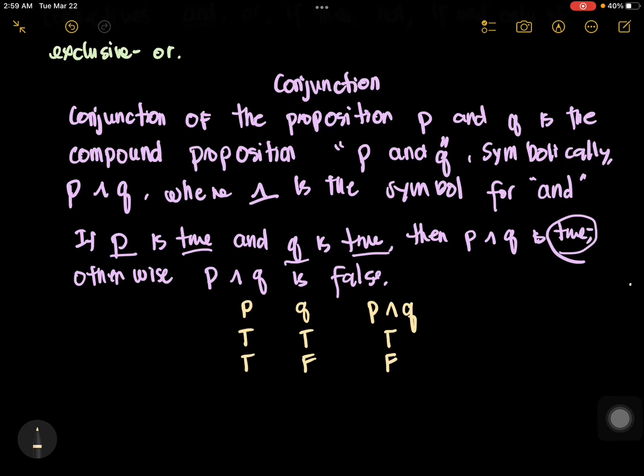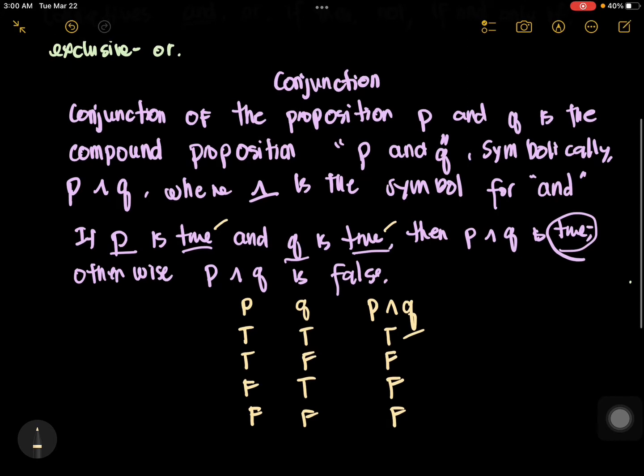Now if your P is false and your Q is true, therefore you will have false. And your P is false and your Q is false, so you will have false as the truth value. So this is conjunction. Again, you will only have a truth value of true if and only if your P is true and your Q is true. Otherwise, everything is false.